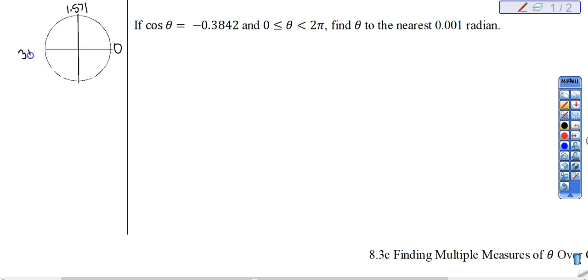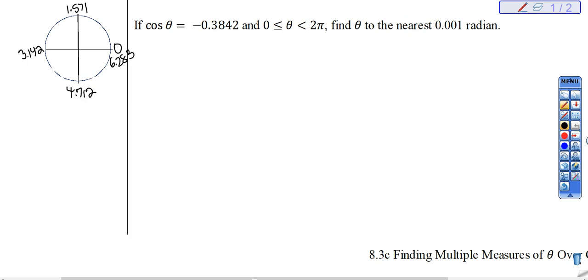Pi is 3.142. 3 pi over 2 is 4.712. And then 2 pi is 6.283. So those are your approximations for radians in decimal form. And I went to 3 decimal places because your answer is supposed to be in 3 decimal places. This will help you to determine where your answers are.